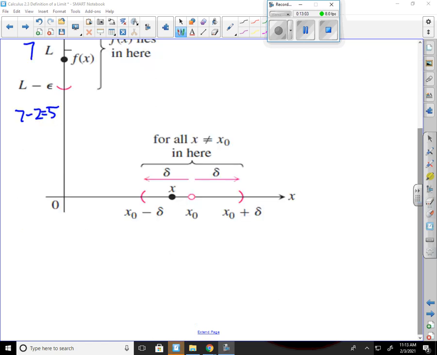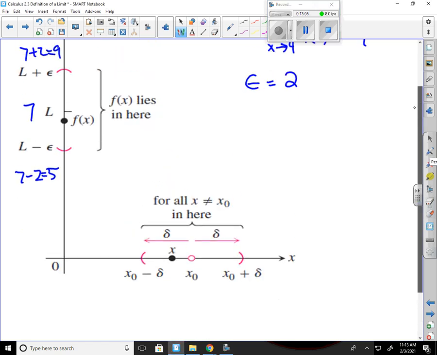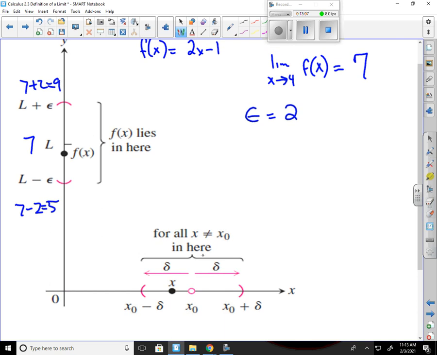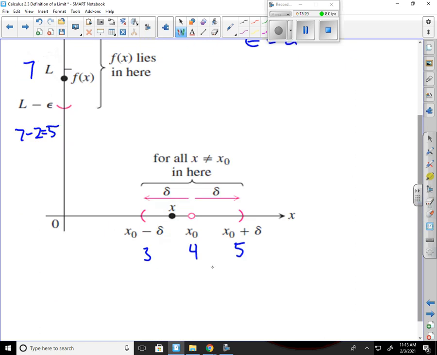So my x naught is what my limit was as x is approaching, which was 4, and then I found my x values that made it true, which were 3 and 5. So what do I have to add to 4 to get 5, and what do I subtract from 4 to get 3? 1. So that was delta equals 1.